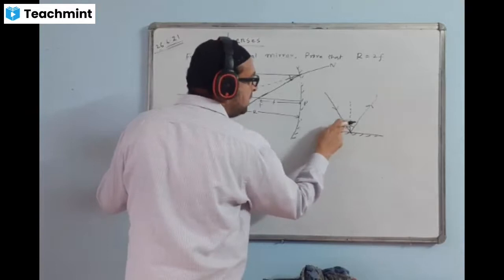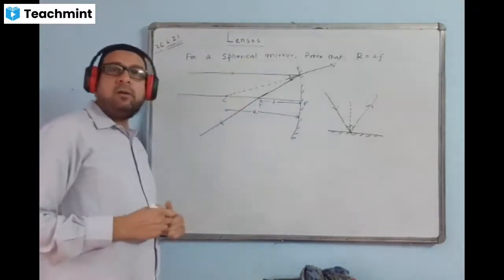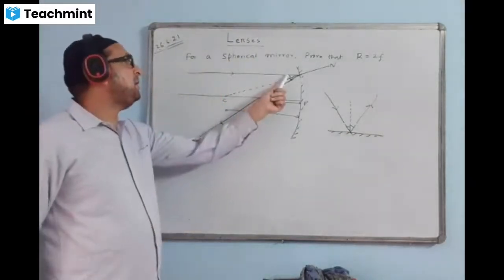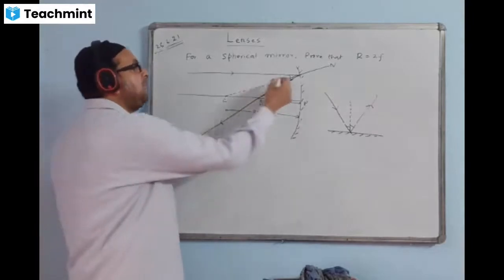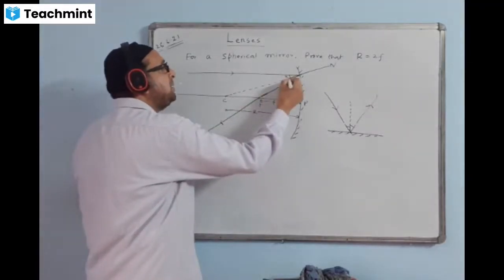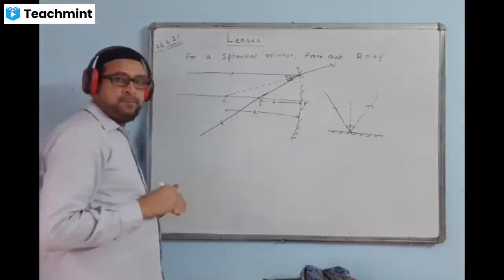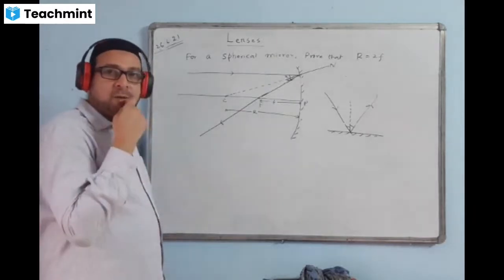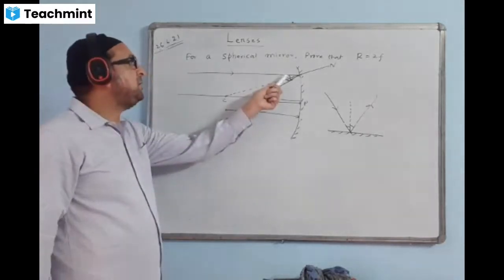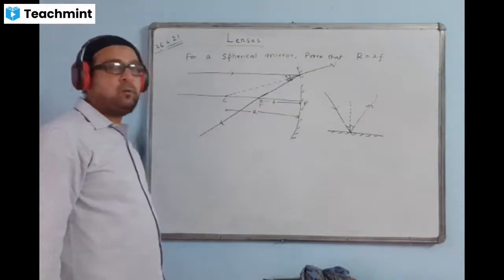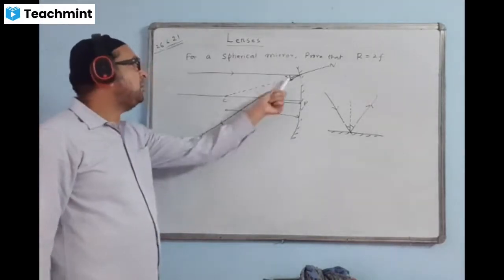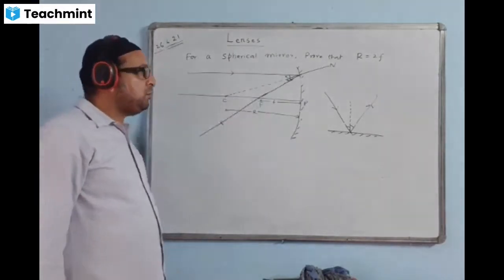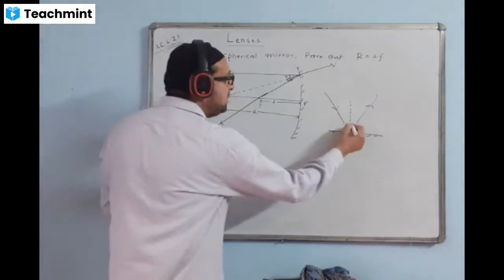That is the law of reflection. In the same way, this angle will be equal. Suppose I take this angle to be x, this angle will also be x, because the angle of incidence and angle of reflection are equal. The reflected ray with the normal and the incident ray with the normal, the two angles are equal. This angle is x, this angle will also be x.